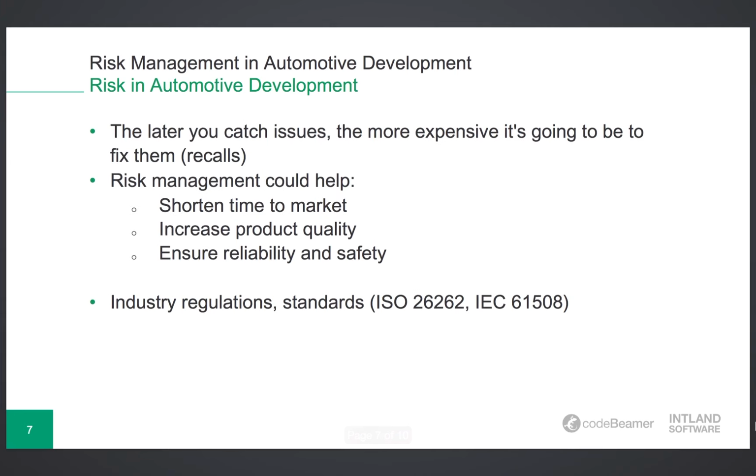And why is it so beneficial to our customers to do risk management in their automotive development? Because risk management is an essential part of the ISO 26262 template, as well as of automotive development in general. This is easy to understand, simply because catching risks early costs you less in the end.